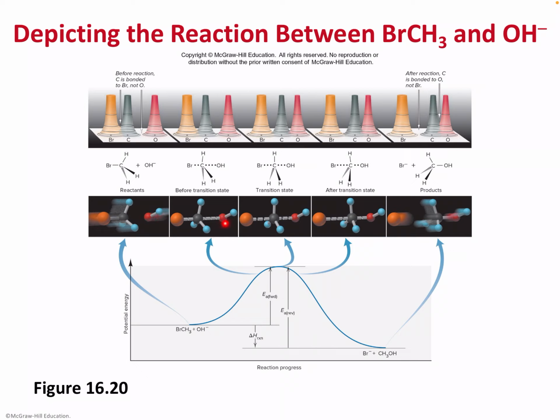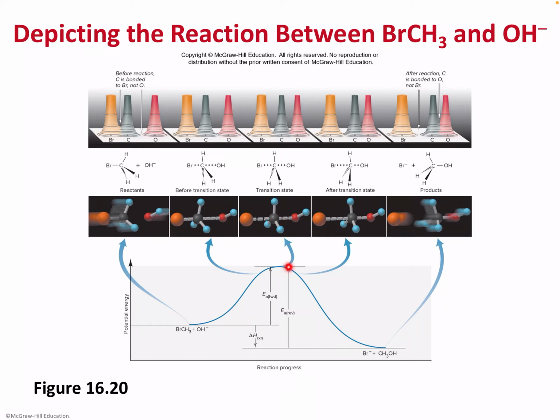You can see here oxygen is making its way to carbon, and the carbon-bromine bond becomes weaker. So this is a shorter bond, this is a longer bond, because oxygen is trying to reach carbon and bromine is still attached to carbon. And then at the transition state, you can see they both have similar bond strengths, carbon-oxygen and carbon-bromine.